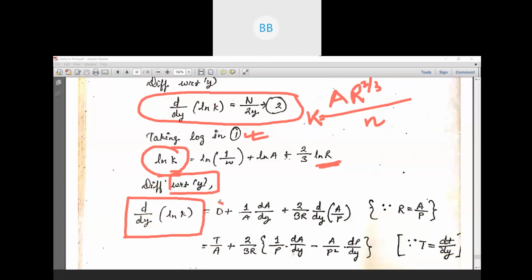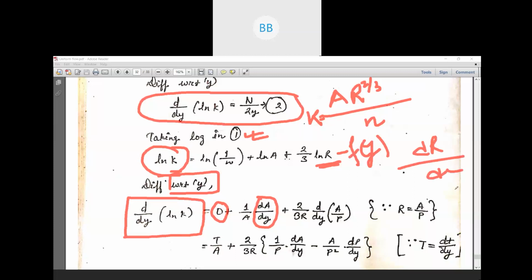Here n is again a constant, so it will be 0. Then it will be 1 by A. Again, we have discussed this thing that area is a function of y, so that is why we have dA by dy. Then plus 2 by 3, and if we differentiate log e R, it will be 1 by R, and R is again a function of y, so it will be dR by dy.